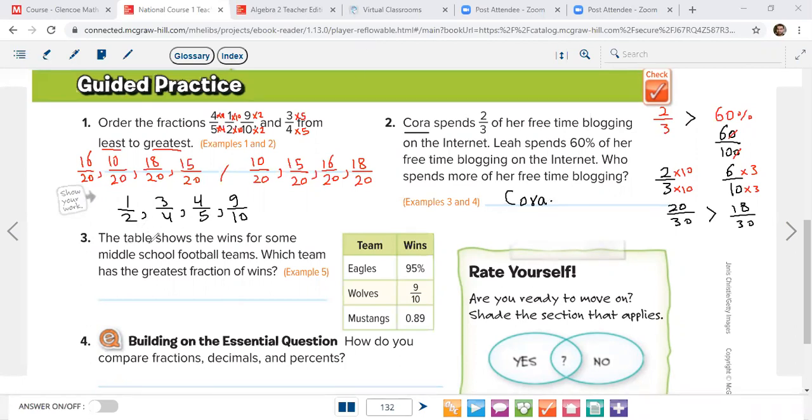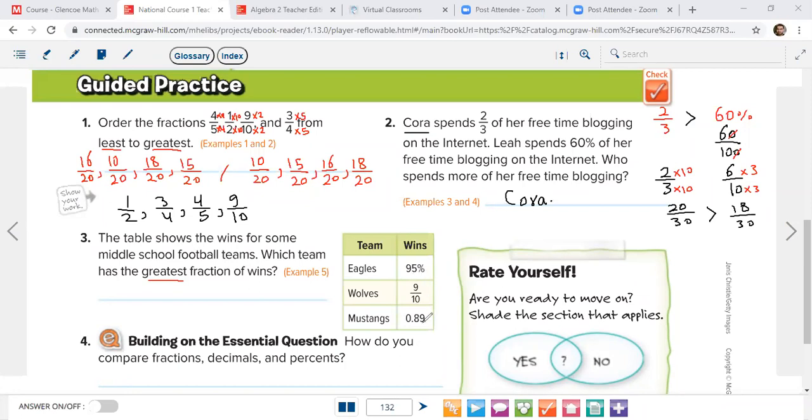Now for problem 3, the table shows the wins for some middle school football teams. Which team has the greatest fraction of wins? I have Eagles 95%, I have Wolves 9 over 10, I have Mustangs 0.89. You must make them all the same form, whether all fractions or percent or all decimals.